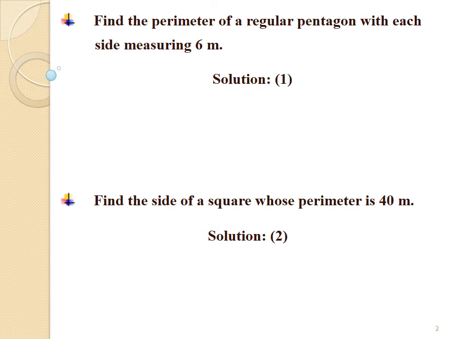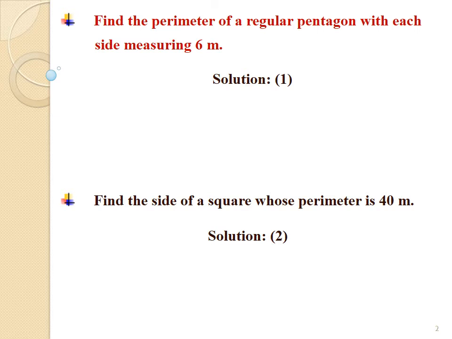Question number 1. Find the perimeter of a regular pentagon with each side measuring 6 meters. Students, in this question, we have to find out the perimeter of a regular pentagon. And we know that perimeter of regular pentagon equals 5 multiplied by side.